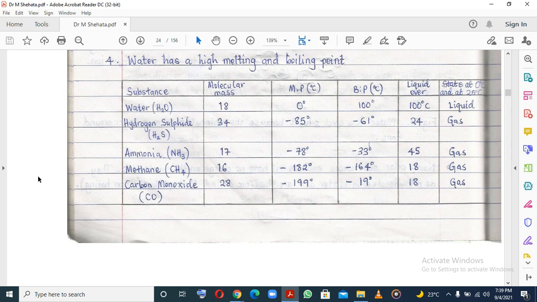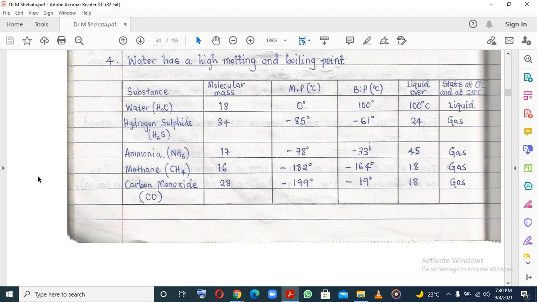You will see that water has a relatively low molecular mass, and hydrogen sulfide, which has a larger molecular mass, is actually gaseous at 25 degrees Celsius, which is quite interesting, because you would expect something with a larger molecular mass at least to be a liquid.